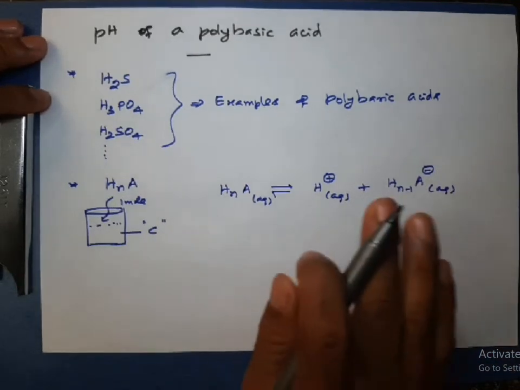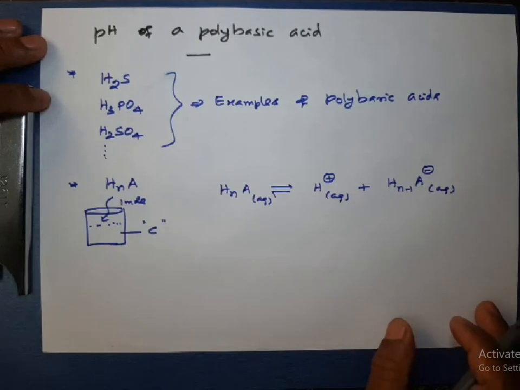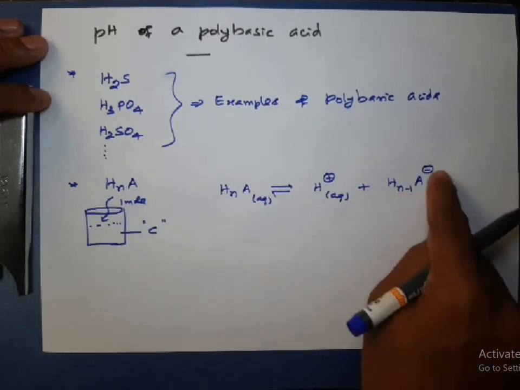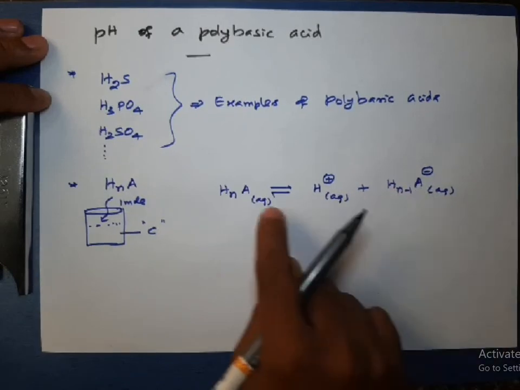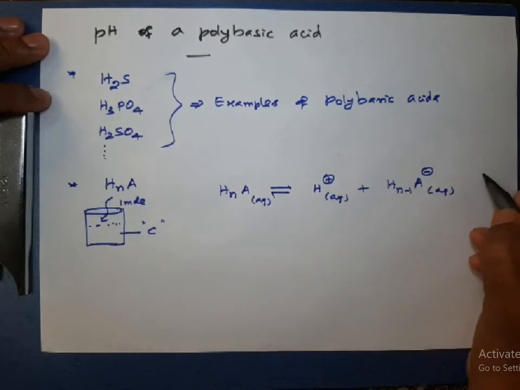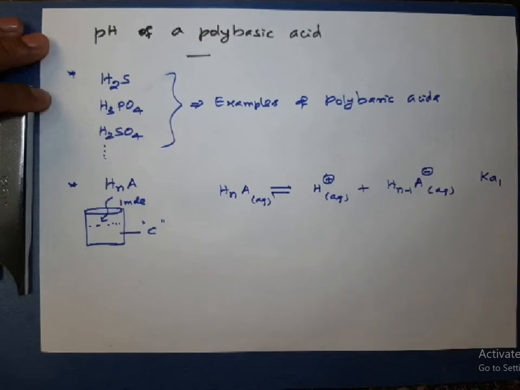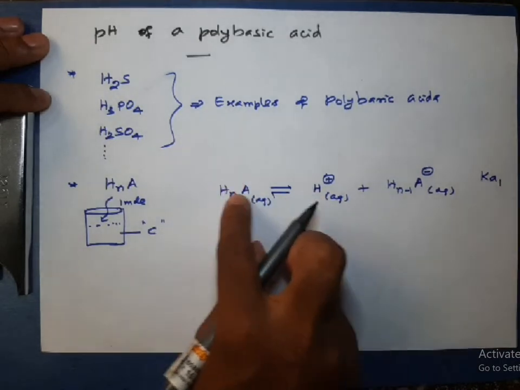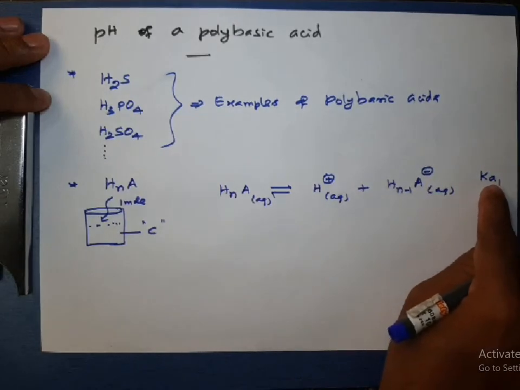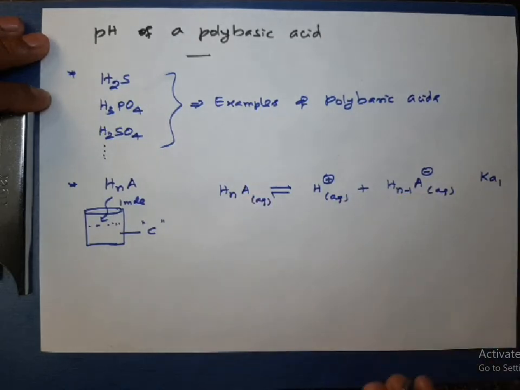So in aqueous solution, the polybasic acid provides one H+ and forms an anion. Let the equilibrium constant for this step be Ka1. Since it provides H+, this is an acid, so we write the ionization constant as Ka1, the ionization constant for the first step.